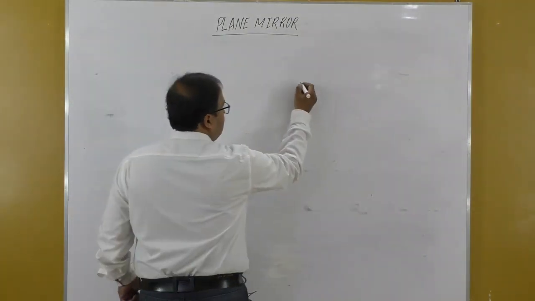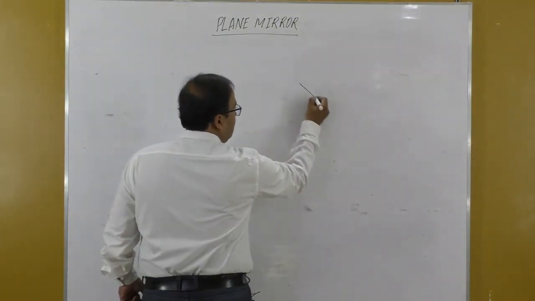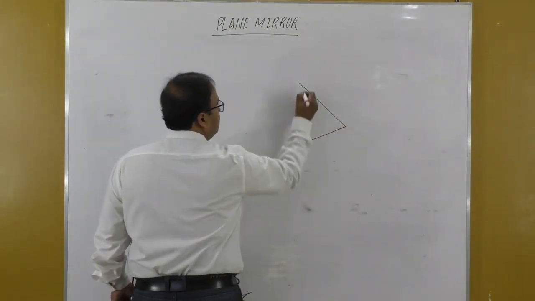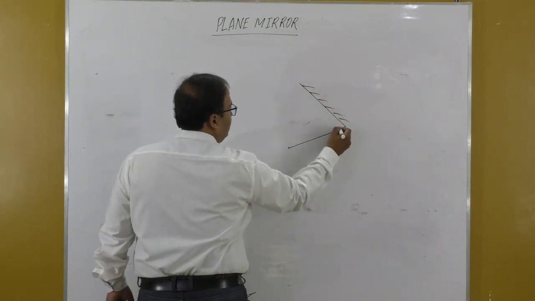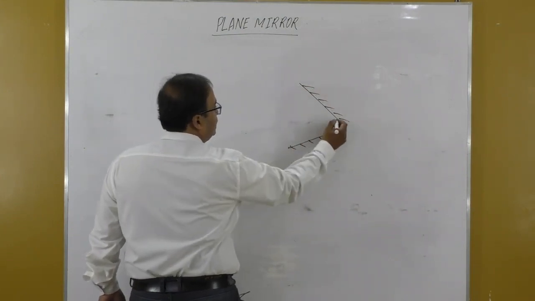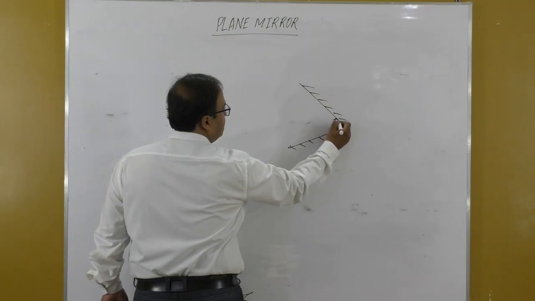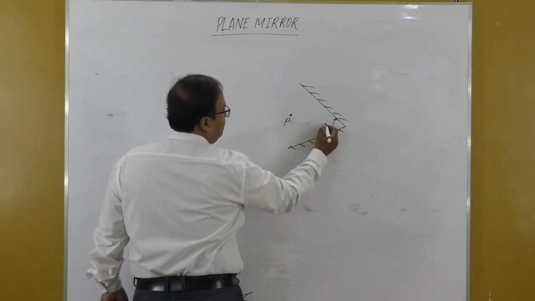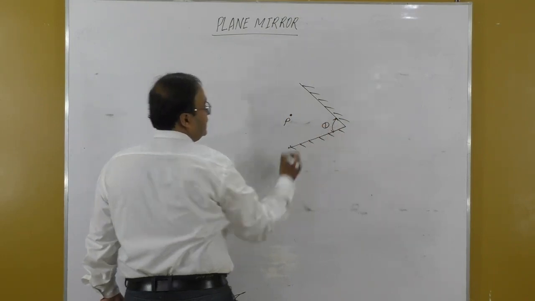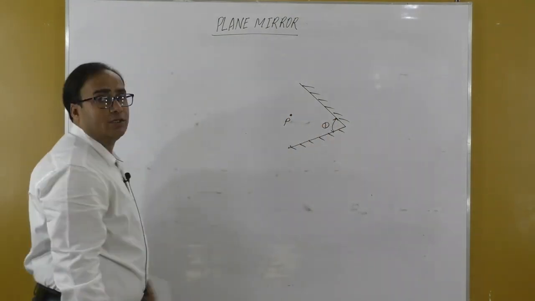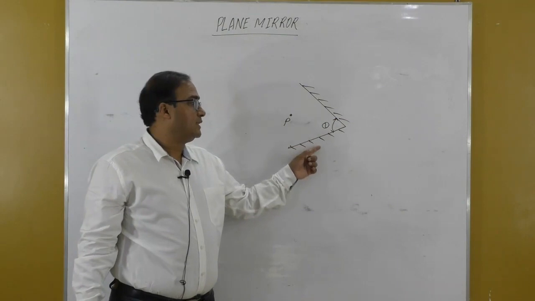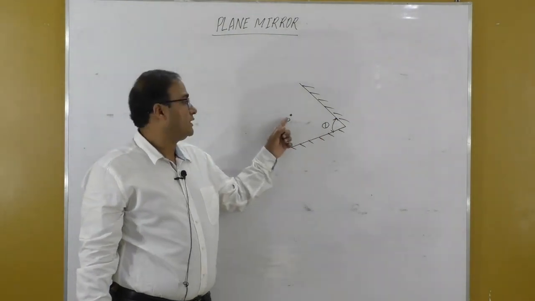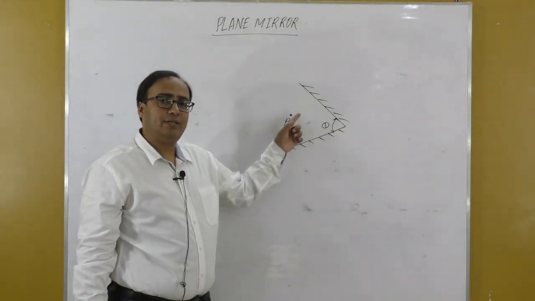Now we are going to discuss how to find number of images formed by two plane mirrors for an object placed in front of them if the mirrors are placed at certain angle theta. So two mirrors are placed at certain angle and an object is placed between the two mirrors.